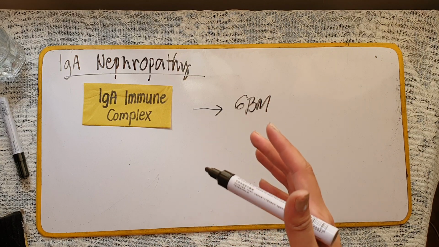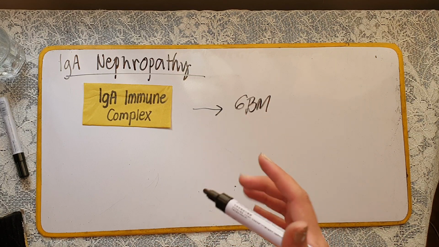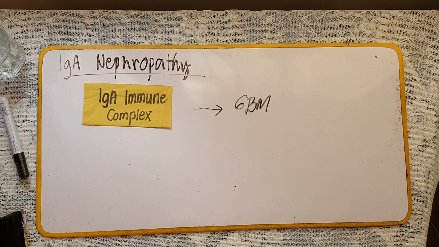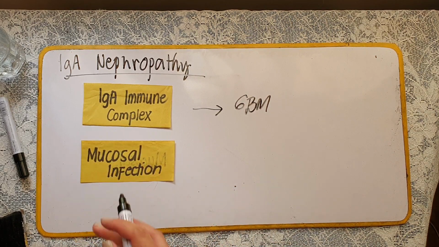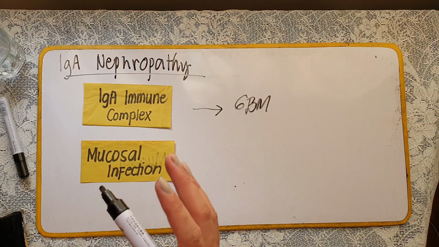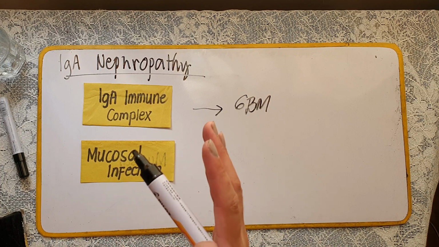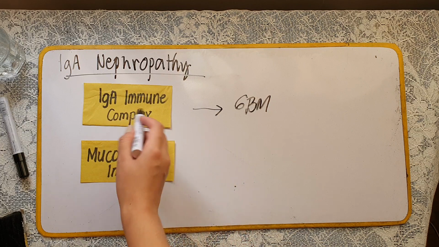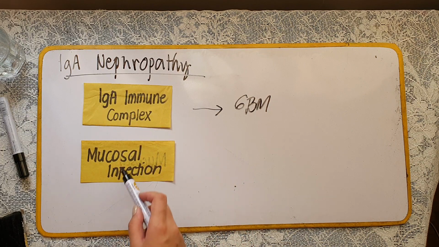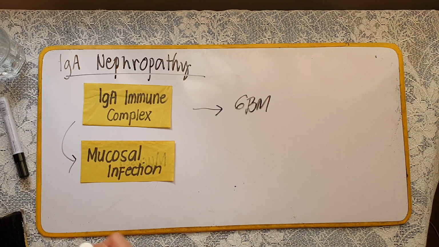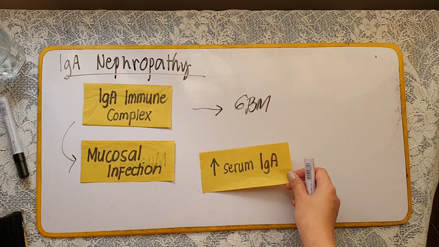IgA nephropathy is actually a complication of a mucosal infection. When a person has a mucosal infection, the highest antibody there is the IgA type.